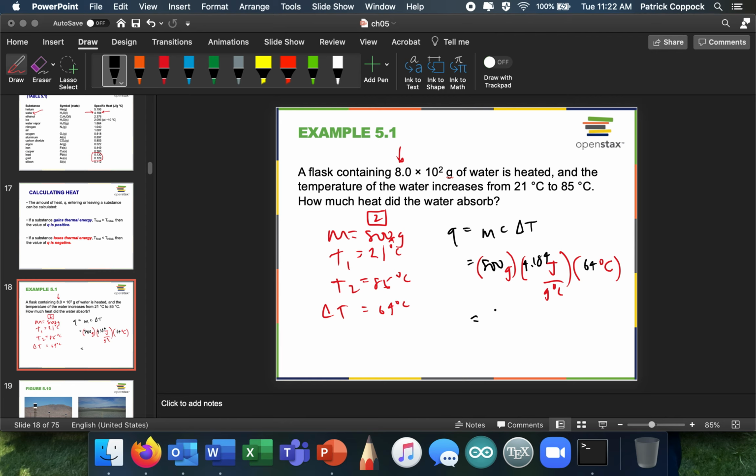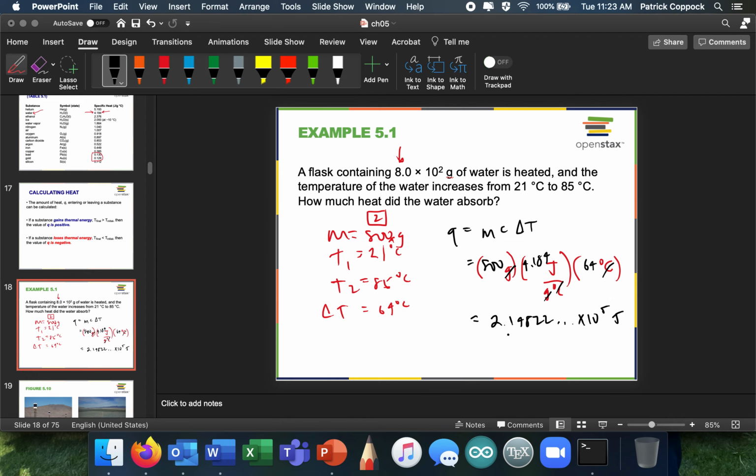Okay, and I get, oh, grams cross off, degrees Celsius cross off, and I've got joules, right? So it looks like it's 2.14822, and so on, times 10 to the 5 joules.